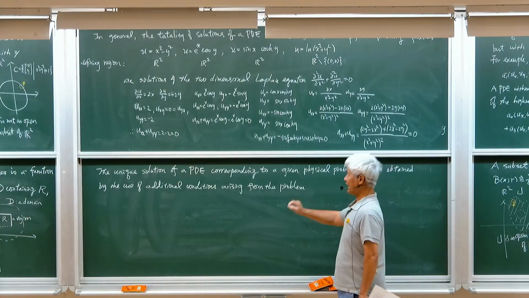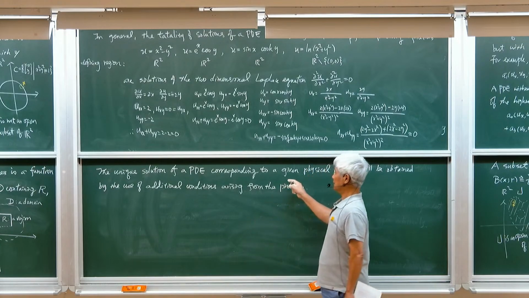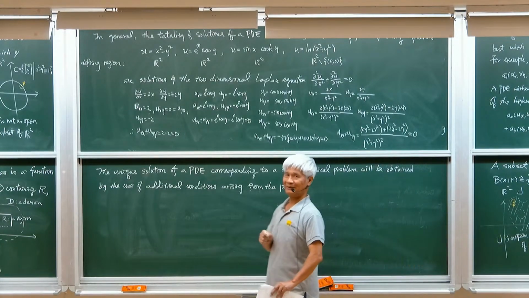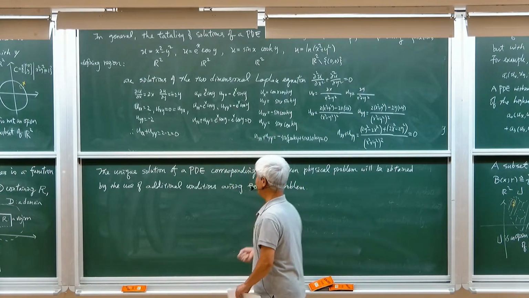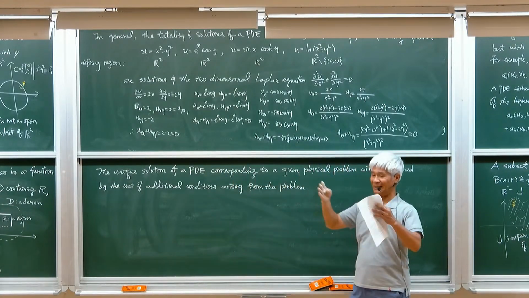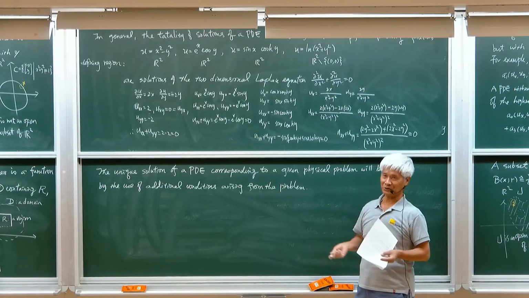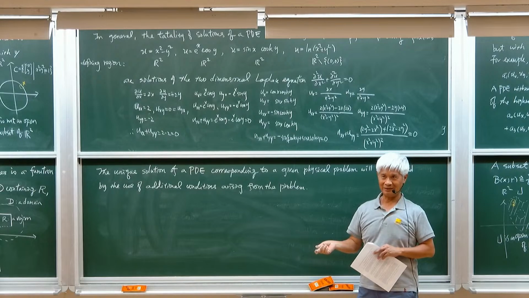So our targets in this chapter are to find unique solutions. Okay? Yeah, to simplify the problem. Otherwise, we have to discuss more tools before we can study the general solution of a PDE. Okay?